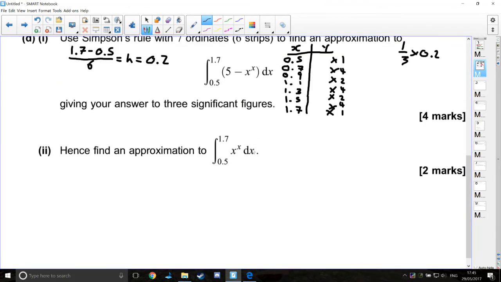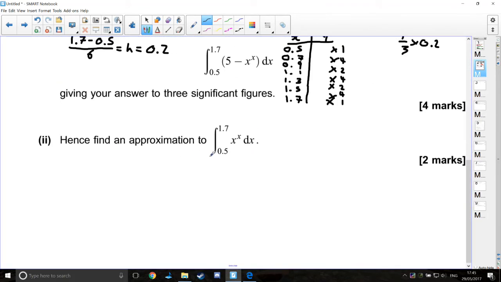Okay, so our last part of the question then is hence find an approximation to this here. Now this is a fairly weird one, and what I would suggest people do for this one, especially if they've got a graphing calculator, is to work out the exact integral of that function there and see what they get.